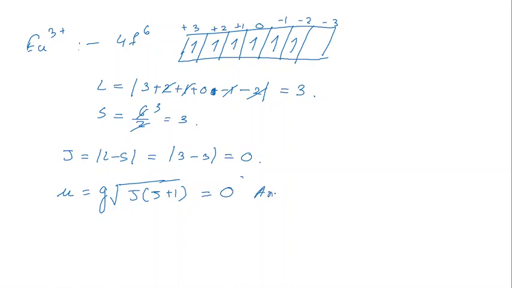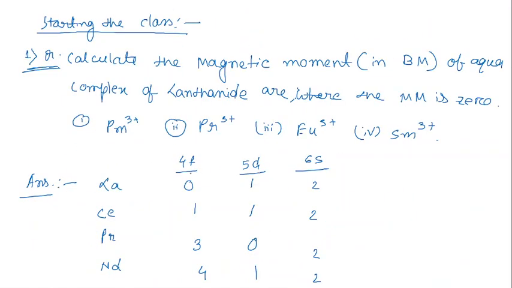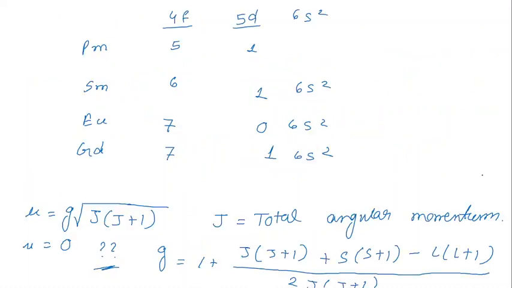So this will be our answer: Eu 3 plus, where the magnetic moment equals 0. Anyone got it? Everyone got it? Okay, let me check it once.